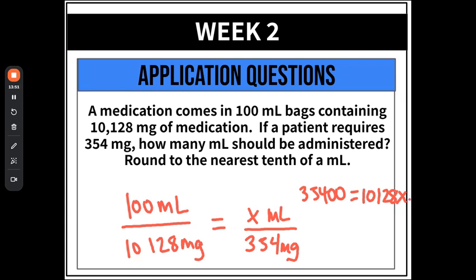So I want to get that x by itself, so the first way I can do that is divide each side by 10,128. And it's important to remember that whatever we do to one side, we want to do to the other side as well. When I divide, that leaves me with just x on this side.